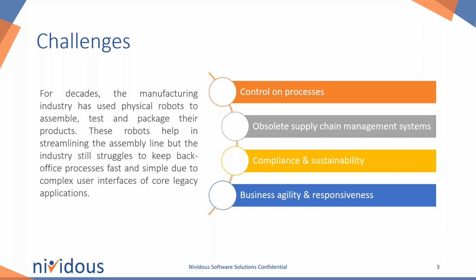Obviously, those of you that are already in manufacturing know that for a long time, the term robot has been associated with manufacturing, but it's mainly been a different kind of robot.